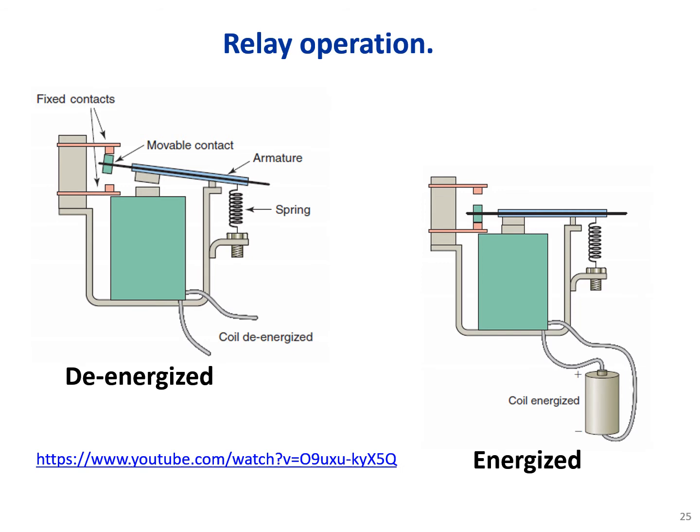Once it's de-energized, there is no magnetic field between the armature and the coil. However, when the circuit is closed and energized, we have a magnetic field, and the circuit will be closed by attracting the armature to the coil. So this is one type of relay.